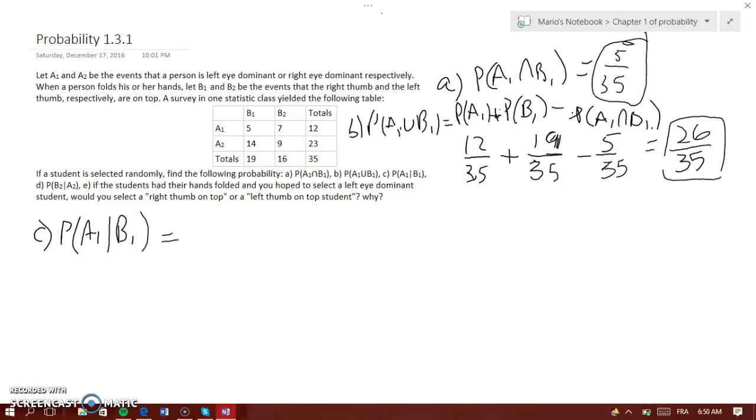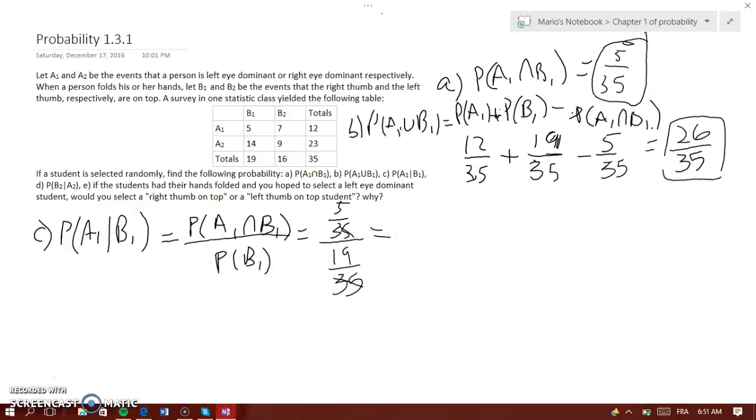Another way to write that is PA1 intersection B1 divided by PB1, which will be 5 out of 35 divided by B1. B1 is 19 out of 35. So 35 over 35 equals 1, and you have 5 out of 19.